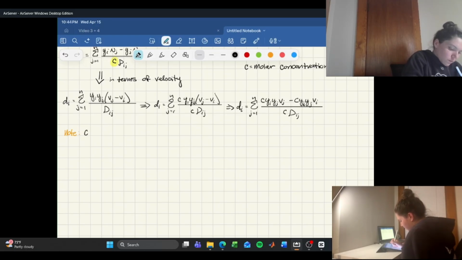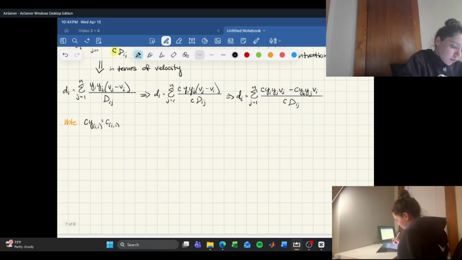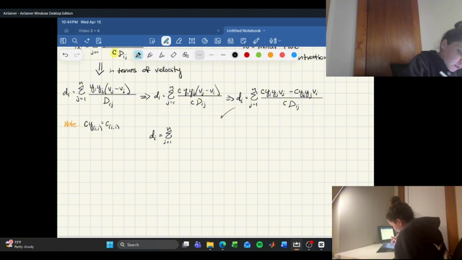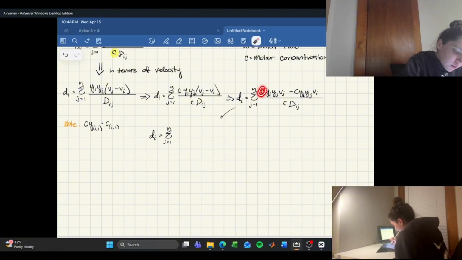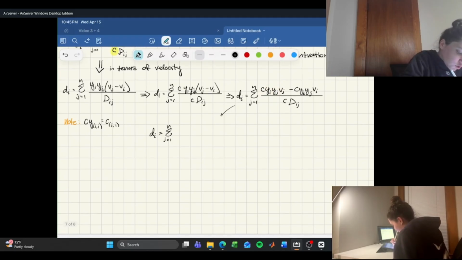that the overall concentration times a mole fraction, this can be of I or j, whichever one, is going to be equal to the concentration of that species of I or j. So this equation here can finally be rewritten. Driving force is equal to the sum of j equal to 1 to n. Here we have concentration times the mole fraction of j, and that's going to give us the concentration of j.